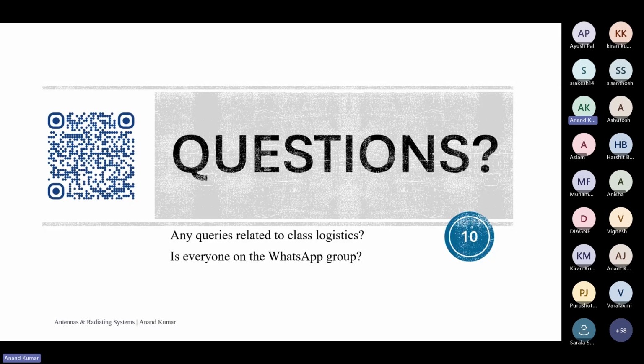I have pasted the group link in the Teams meeting here if you have not joined the WhatsApp group. I guess there are no questions regarding the class logistics, so we'll start with the class.